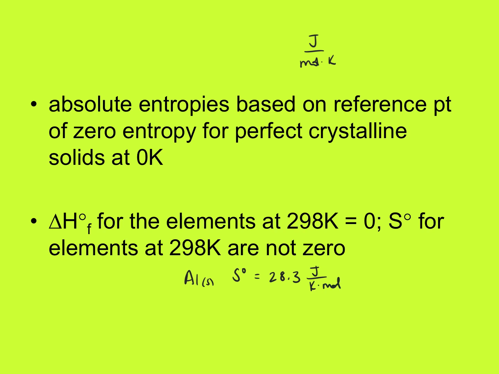And they measured 28.3 with the assumption that aluminum at 0 Kelvin would have an entropy of 0 joule per Kelvin mole. So that's where that value of the 28.3 comes from. Okay, using the fact that it's 0 at 0 Kelvin.